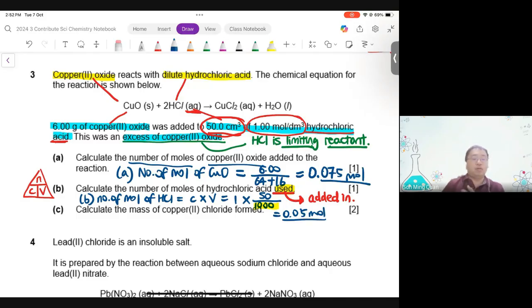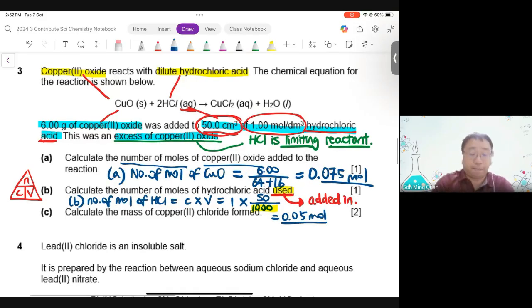So A and B for 3 is there. Okay, so it's just a play on words. Used means added in. How much HCl did you add in? It's stated there 50 cm cube, 1 mole per dm cube. Okay, so we make use of that.